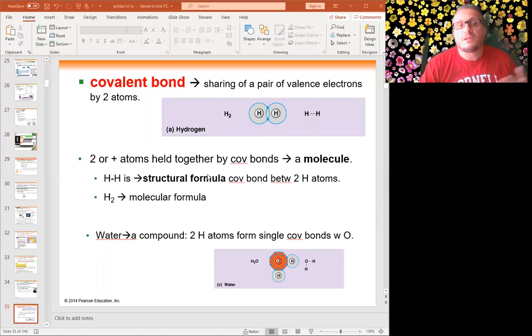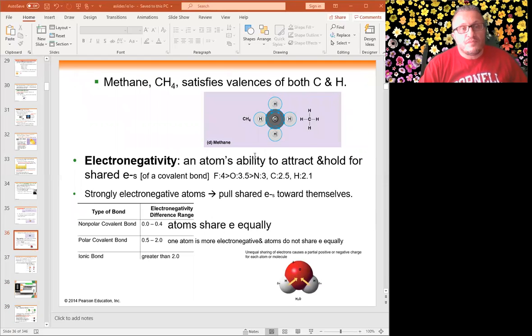Okay, covalent bond, of course, is sharing. It's about the sharing of a pair of valence electrons by two atoms. Here you see in this case, two hydrogen atoms sharing their electrons, and they become H2 with a covalent bond here. Okay. Electronegativity is an atom's ability to attract and hold the shared electrons more strongly. So there is an order of electronegativity: fluorine is 4, oxygen 3.5, nitrogen 3, but hydrogen is only 2.1.